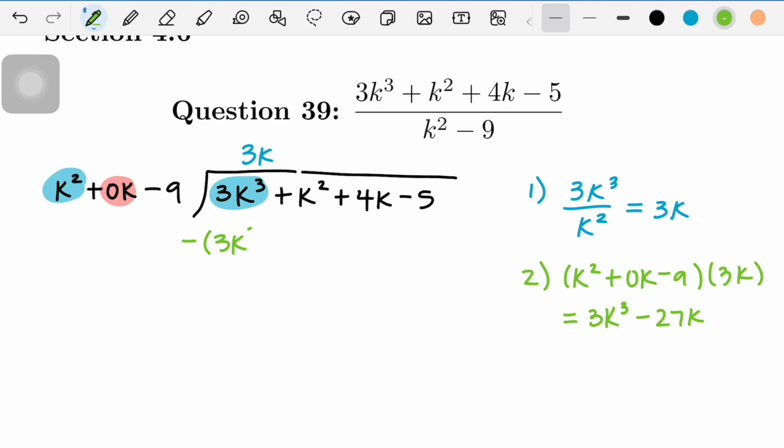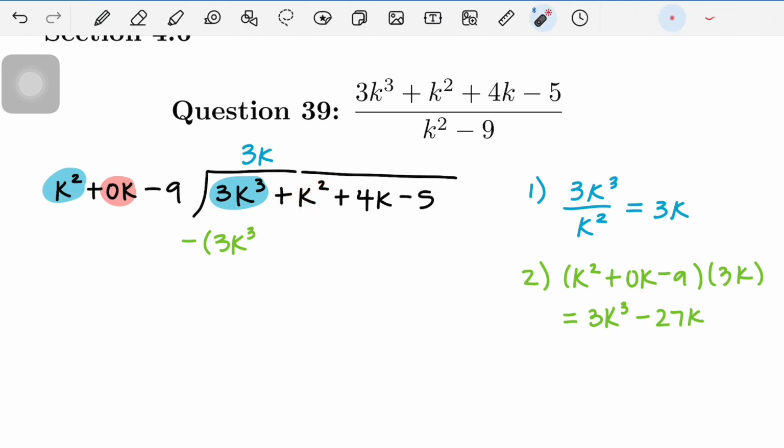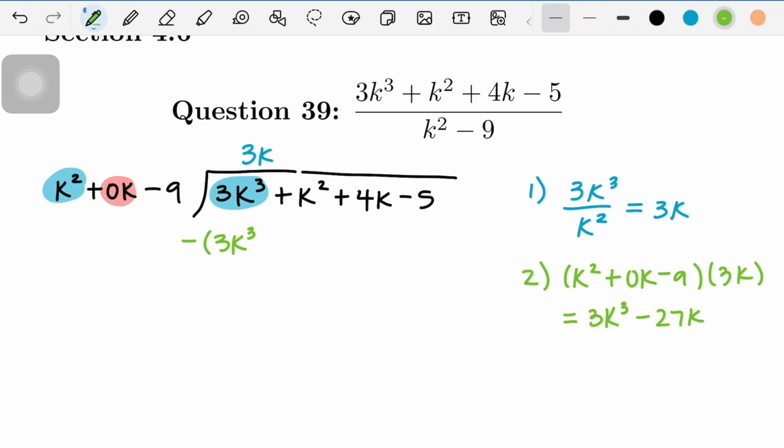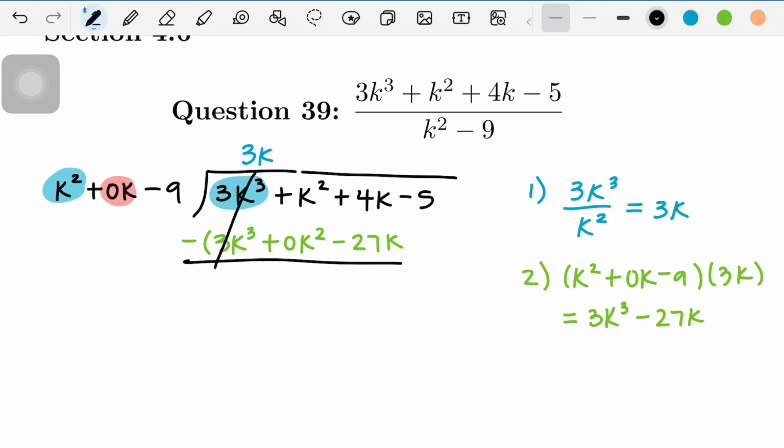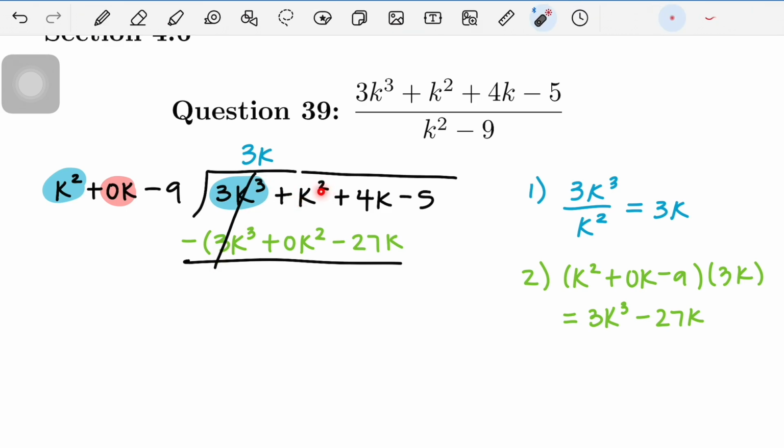And then again, we want to subtract out this result here. And so I'm actually going to again put a placeholder here for this k squared term. Notice this guy doesn't have a k squared term, so just so it's easy to see what we're doing here. So I'm going to add a placeholder for this guy, and then we still have this minus 27k. Now the reason being, we know when we subtract these guys, these are going to cancel. We have 3k cubed and then minus 3k cubed. Then here we have a k squared and a minus 0k squared.